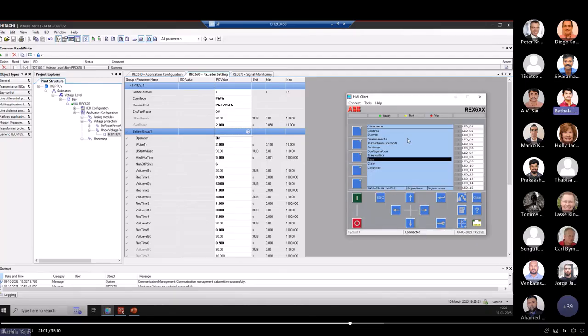I'll show what values we are feeding now. Right now we are feeding healthy voltages. I don't want to feed healthy right now. I will feed zero voltages and apply block.